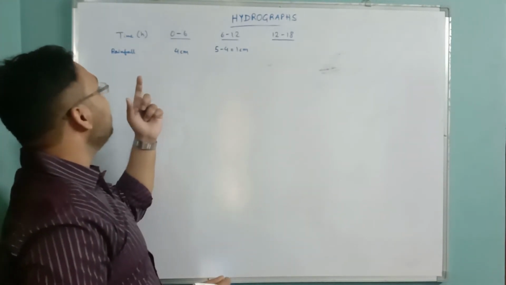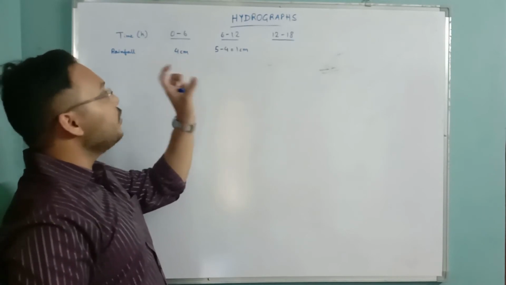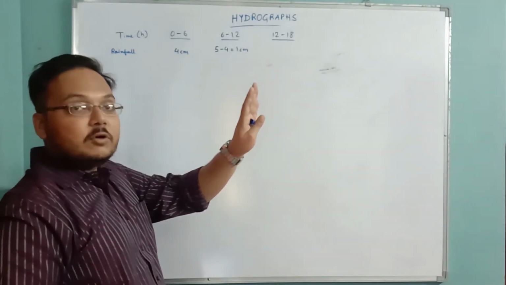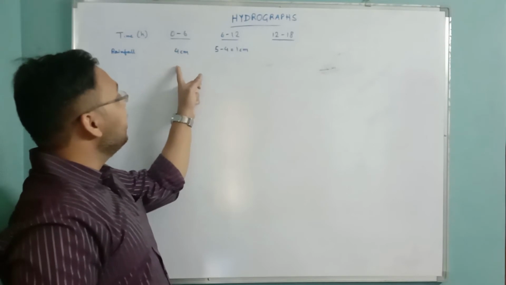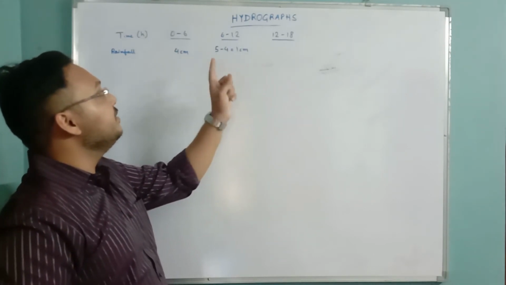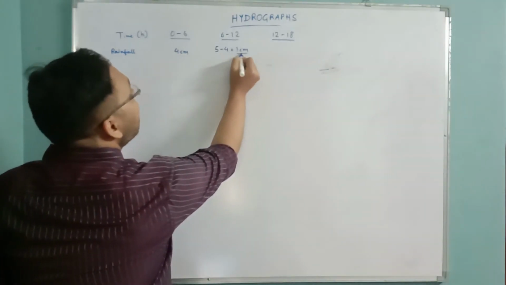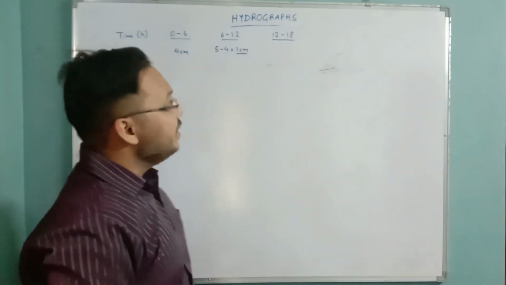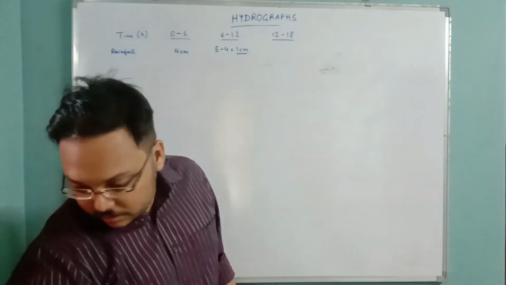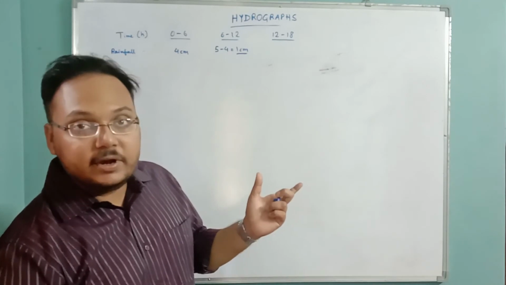Accumulated rainfall is given as 0, 4, 5. So for the first 6 hours, 4 centimeters of depth of rainfall accumulates, and after 6 to 12, 5 centimeters accumulates. So in the 6 to 12th hour, the addition is 1 centimeter, which we have written over here. In the 12th to 18th hour, the accumulated rainfall is 10 centimeters.